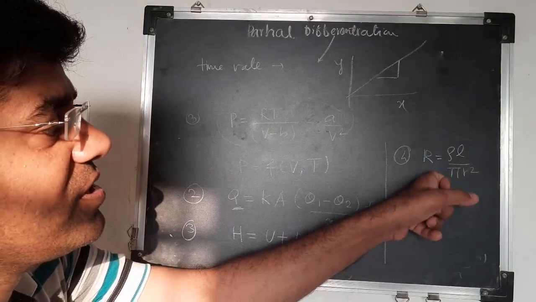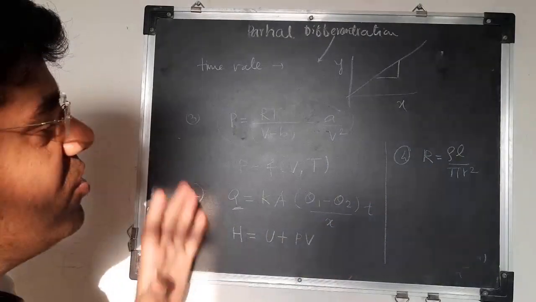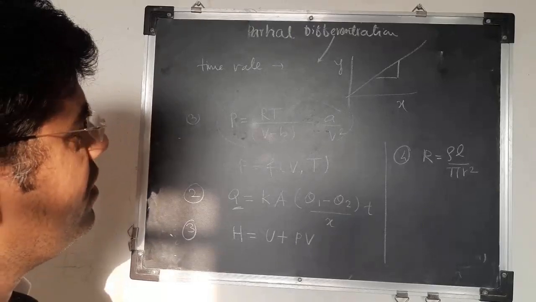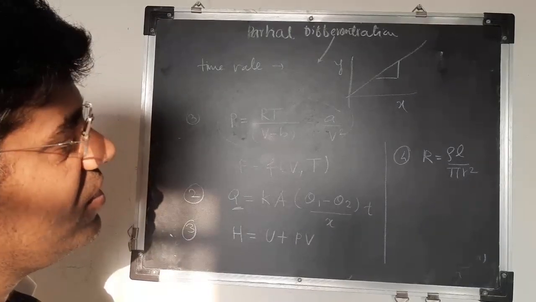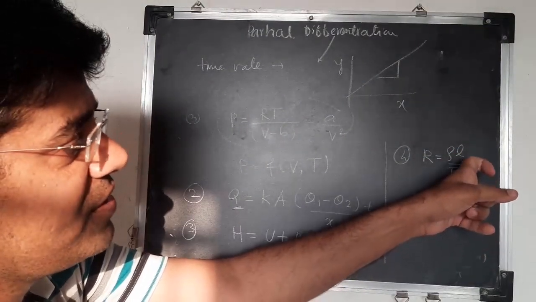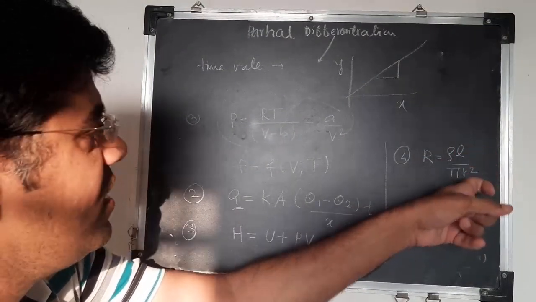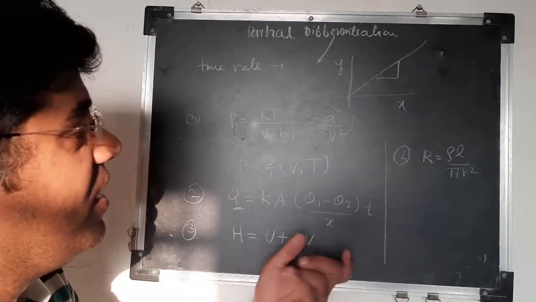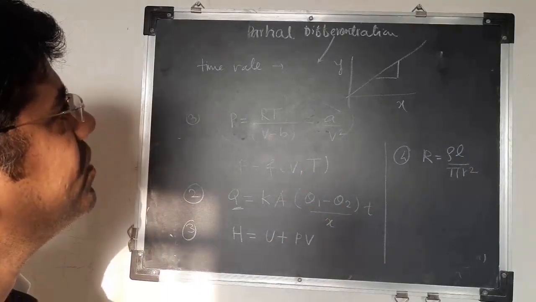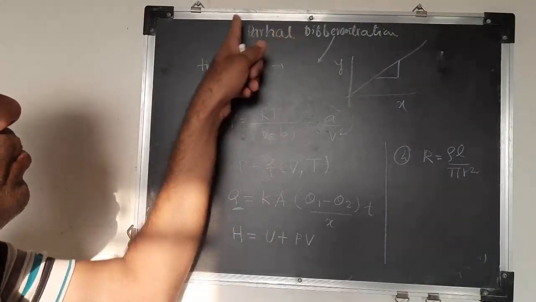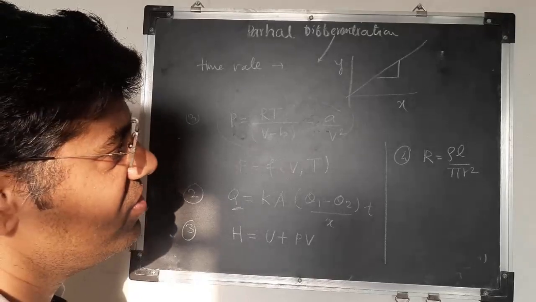R is your resistance of that particular wire. So in many cases, the given function depends upon several independent variables, just like L, r, V, T, theta, t, U, P and V, whatever. Okay, so in such a case, this is called your partial differentiation.